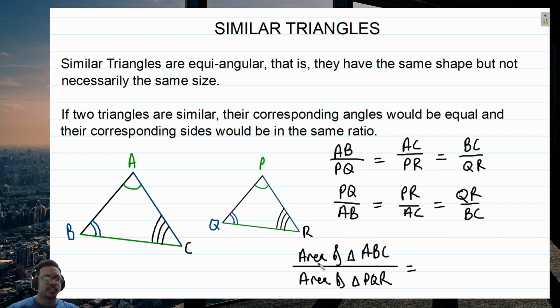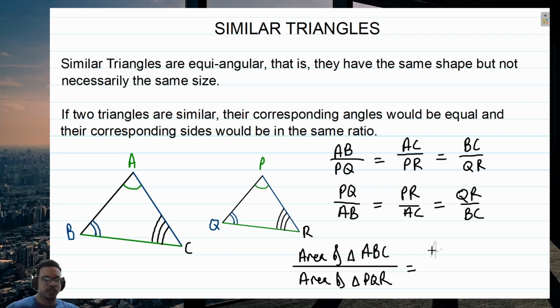Now when I'm looking at the ratio of the areas of the triangles, meaning the area of triangle ABC divided by the area of triangle PQR, since I have the area of triangle ABC as the numerator, the lengths of the sides of ABC would be the numerator in my ratio.